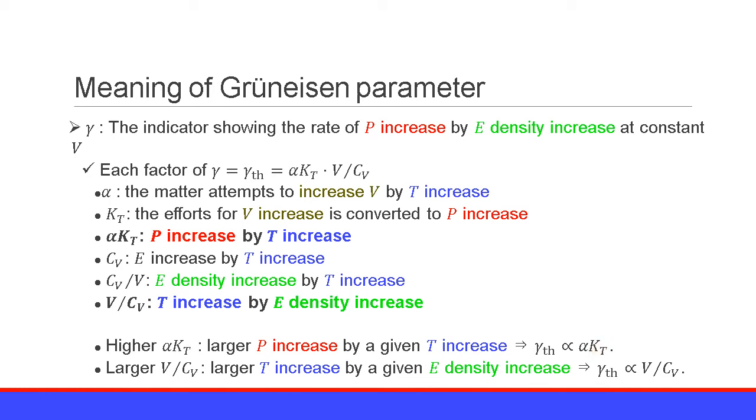And if V over C_V is larger, then the temperature increase by a given internal energy increase becomes larger. Therefore, the pressure increase by a given temperature increase becomes larger by a given energy density increase. Therefore, the thermodynamic Grüneisen parameter increases with increasing V over C_V.